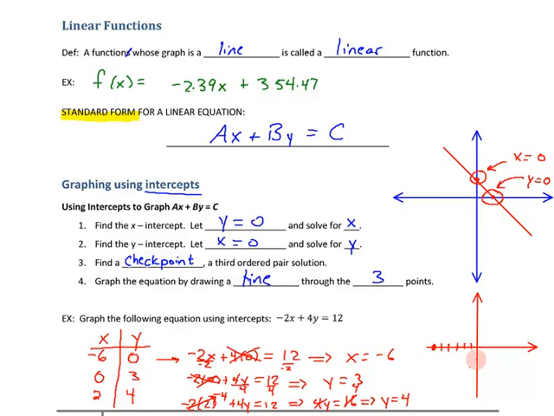There's my x-intercept, and my y-intercept is up 3, so right here. And if I went over 2, I'd be up 4. That appears to match with the straightness of that line, so there is the graph of that equation. Notice, it is sufficient to have these 2 points. The third point is just a way of checking your work.